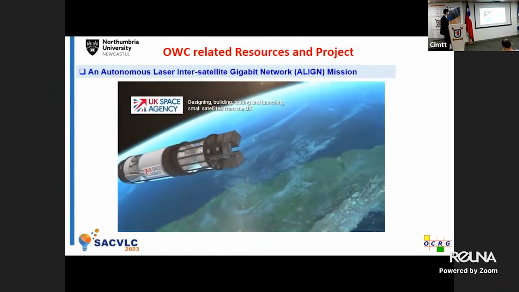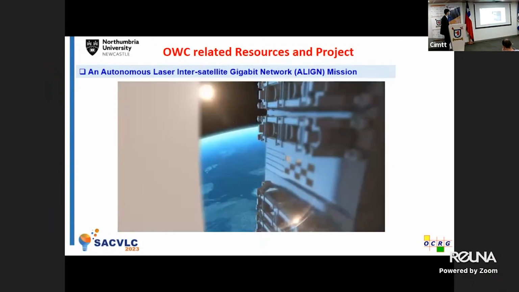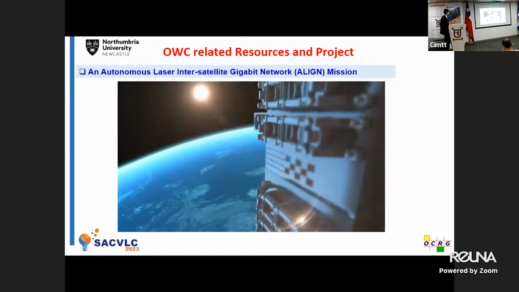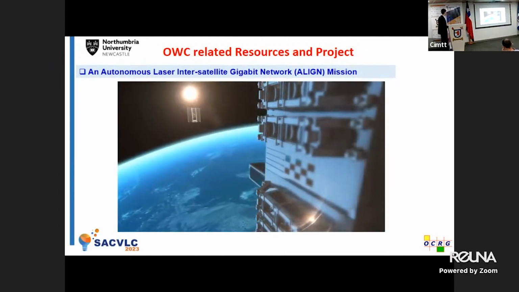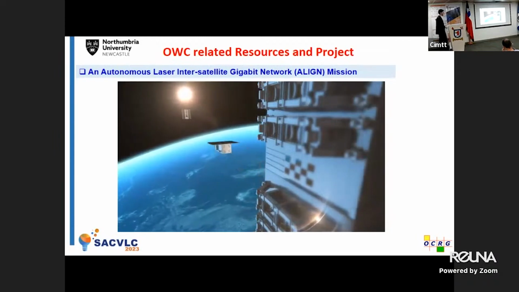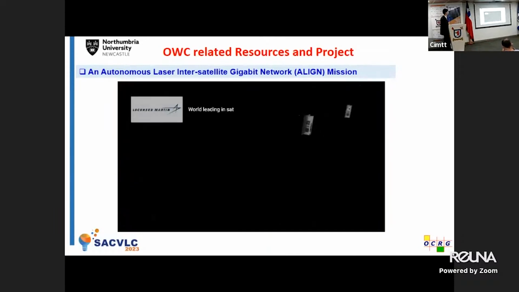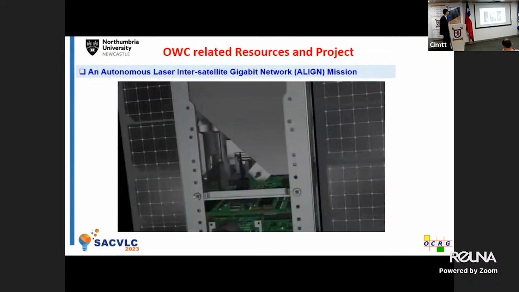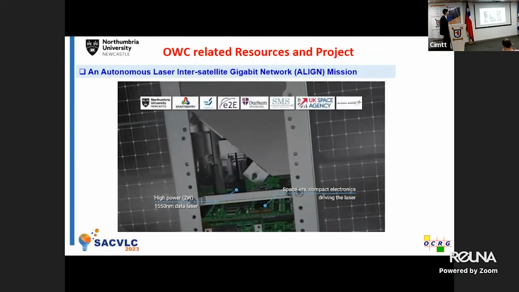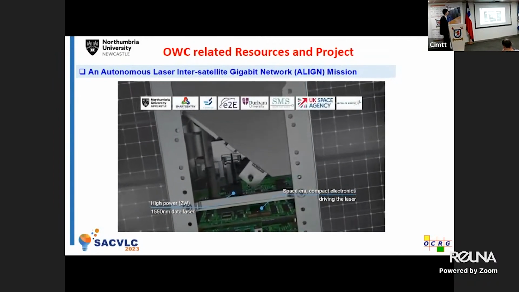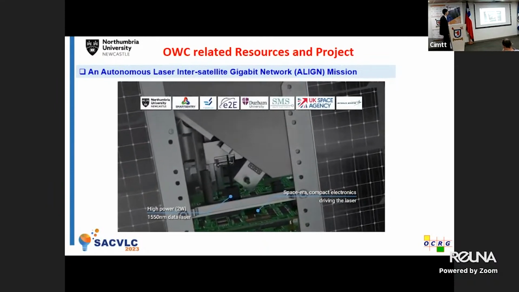The project was funded by the UK Space Agency, and the aim is to create an inter-satellite communication link in space. Here you can see a certain distance of 1,000 kilometers, with collaboration between different universities around the UK and with companies trying to design it.